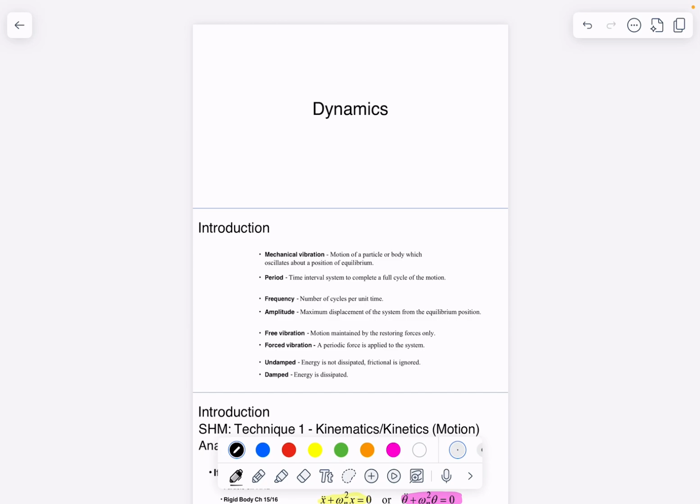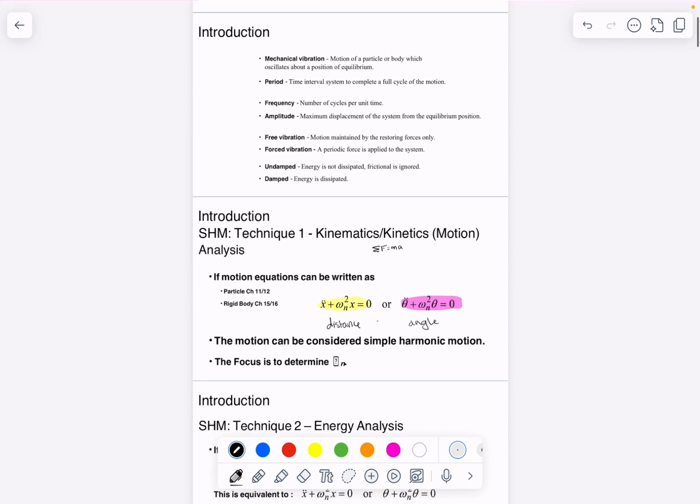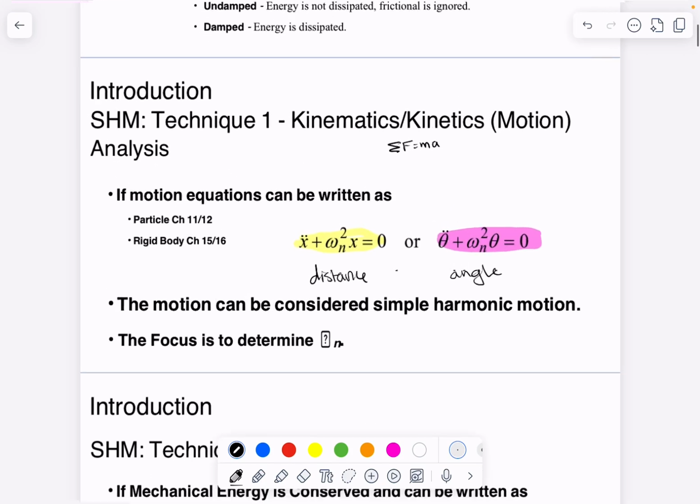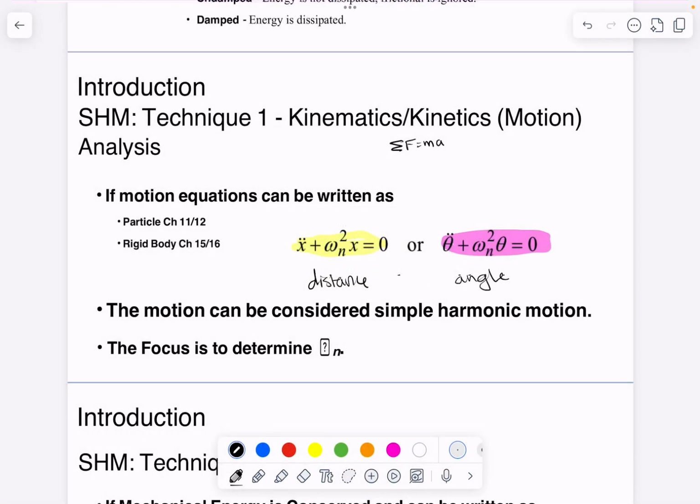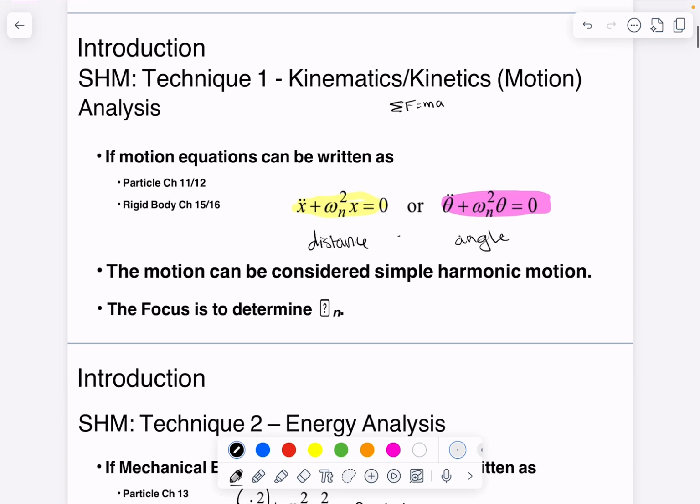more clear. So chapter 19 is all just about vibration, oscillation, defining times of the period, stuff like that. We want to rewrite everything in terms of this equation as x double dot plus omega n squared x is equal to 0.